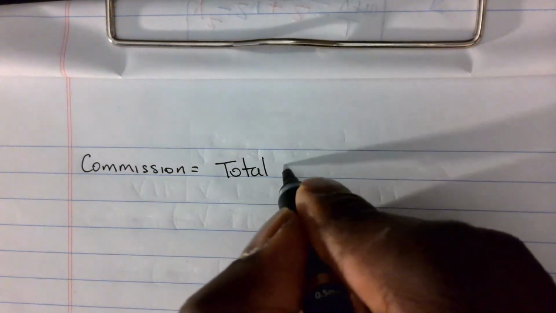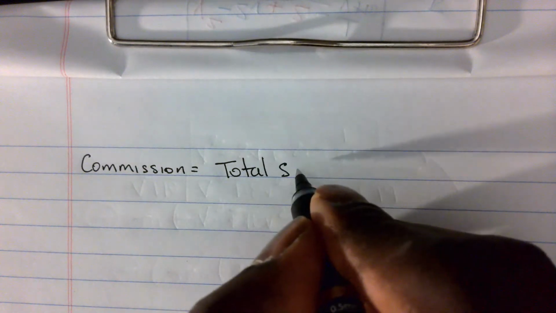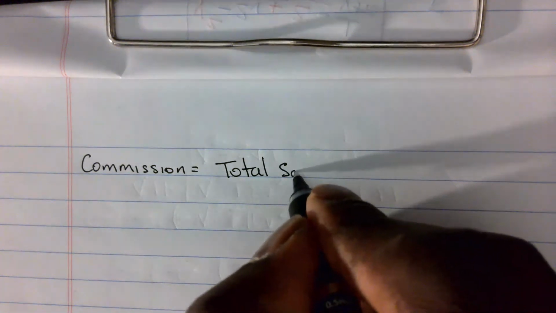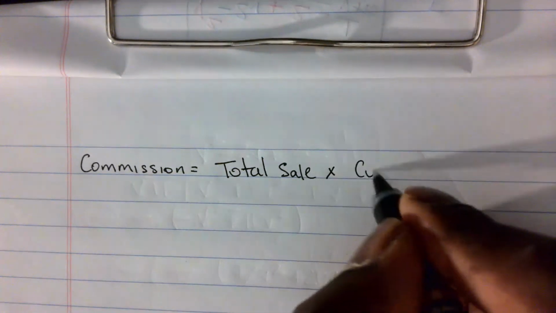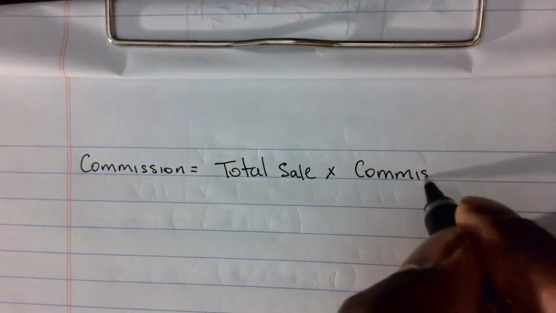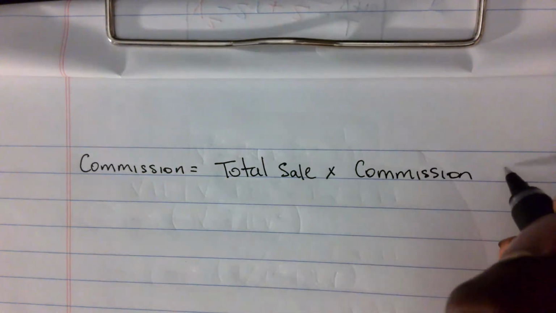All right, so I'm going to go ahead and write it here. Commission is equal to, as you can see in the slide, the total sales multiplied by the commission rate.